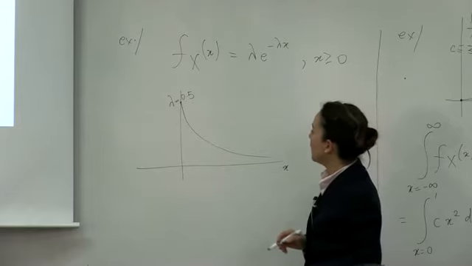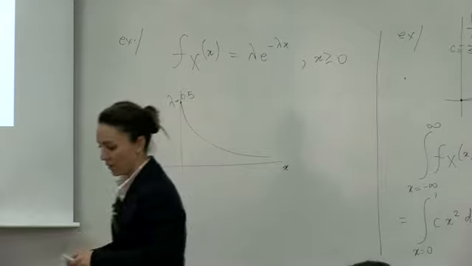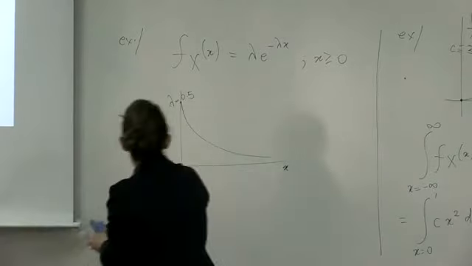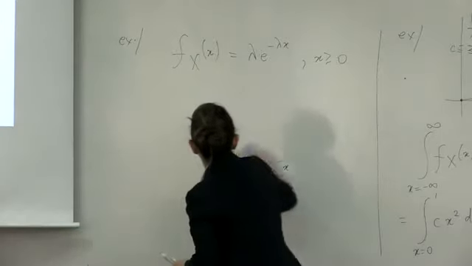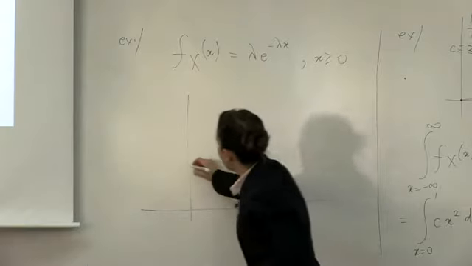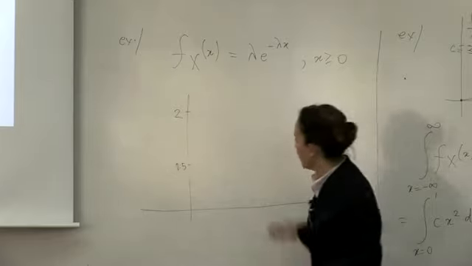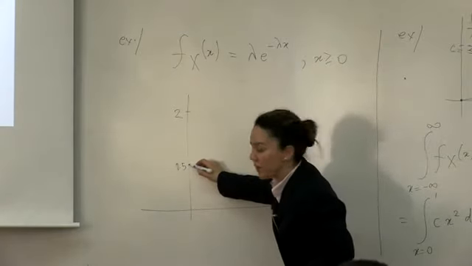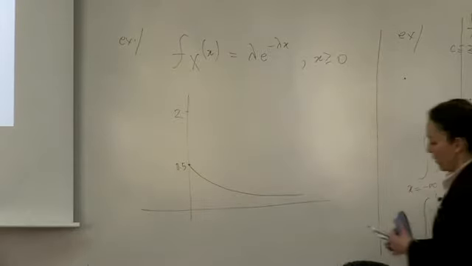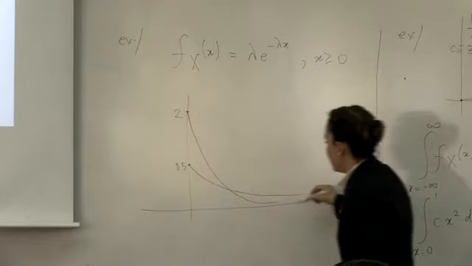How about lambda equals 2? Let me redraw these: lambda equals 0.5 and lambda equals 2. The 0.5 curve starts here and decays slowly, whereas the lambda equals 2 curve starts here and decays much faster.